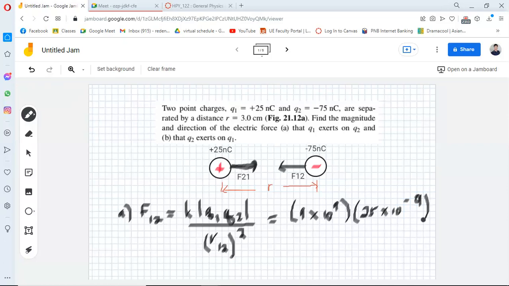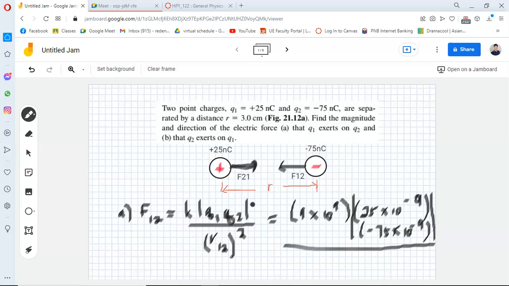Okay, in terms of coulomb, not in nano. Okay, and then you have multiplied by, dito ko na lang nilagay sa baba, negative 75 times 10 to the negative 9. Okay, and take note that naka-absolute value yan. And then divided by the separation distance, which is 3 centimeters.